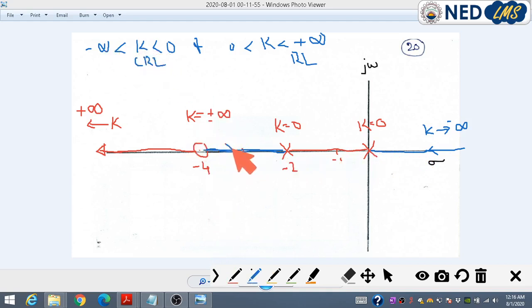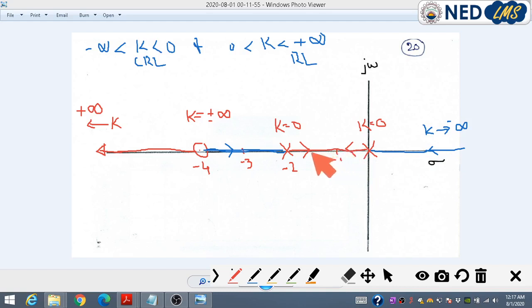The arrow should be like this one. After 0, this branch moves from 0 to positive infinity, therefore it should move along the real axis, so the arrow should be like this one, and the other branch after covering this 0 should move in this direction, so the arrow would be like this one.